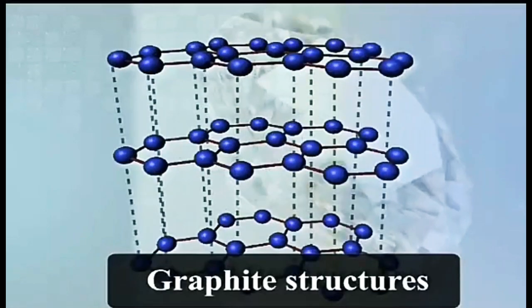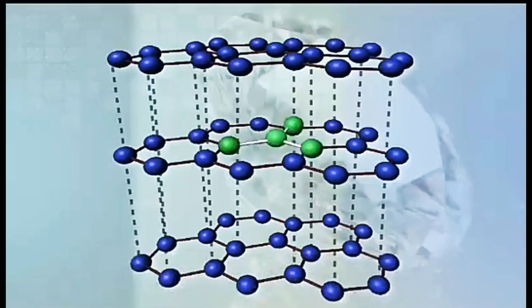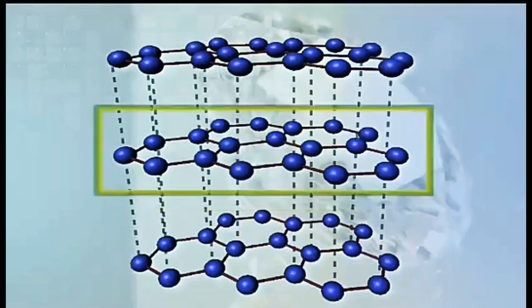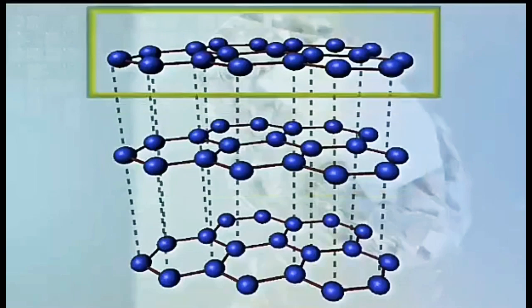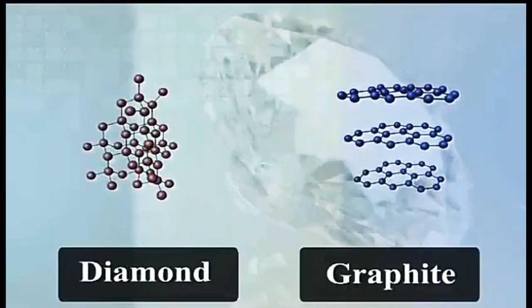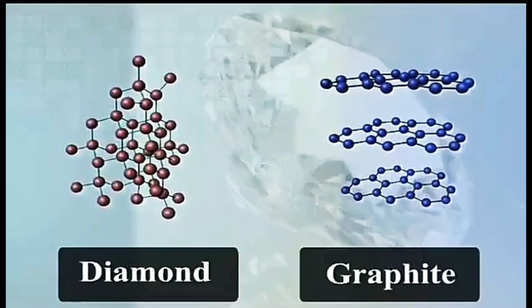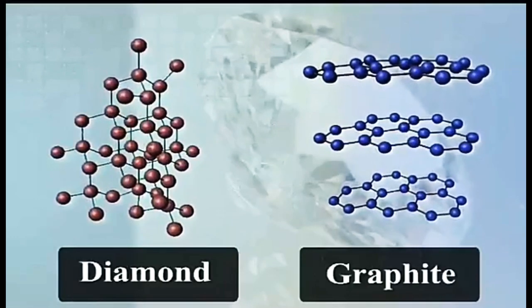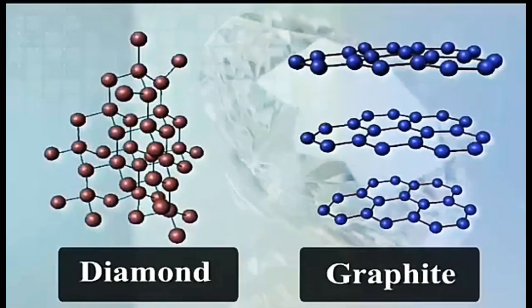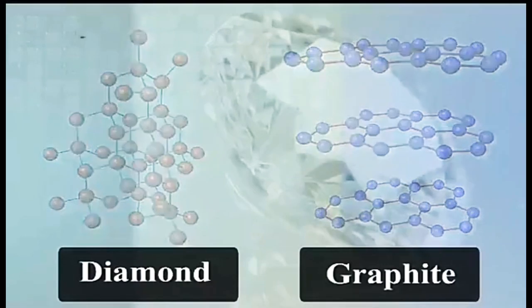In graphite, each carbon atom is bonded to 3 other carbon atoms in the same plane, forming layers of hexagonal arrays. These layers of hexagonal arrays are placed one above the other. Due to this difference in the structure of diamond and graphite, they have very different physical properties, even though their chemical properties are same.